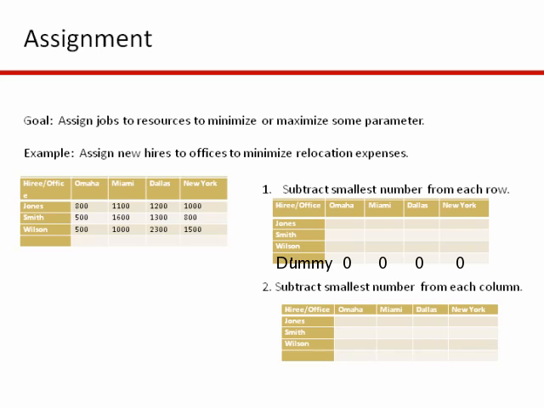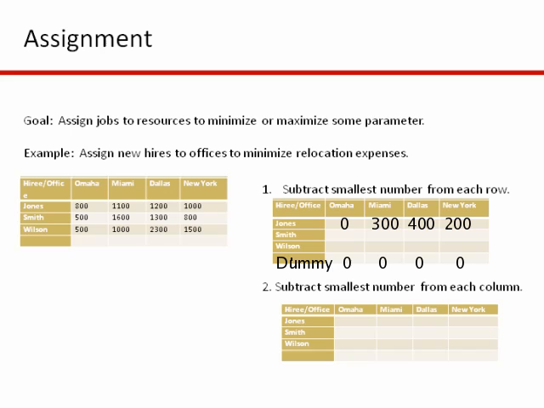In the first row, the smallest number is $800, so we subtract $800 from all the values in that row. 800 minus 800 is 0, and then 300, then 400, and then 200. So with the Jones row, we subtracted 800 from each value and got the resulting values shown there.